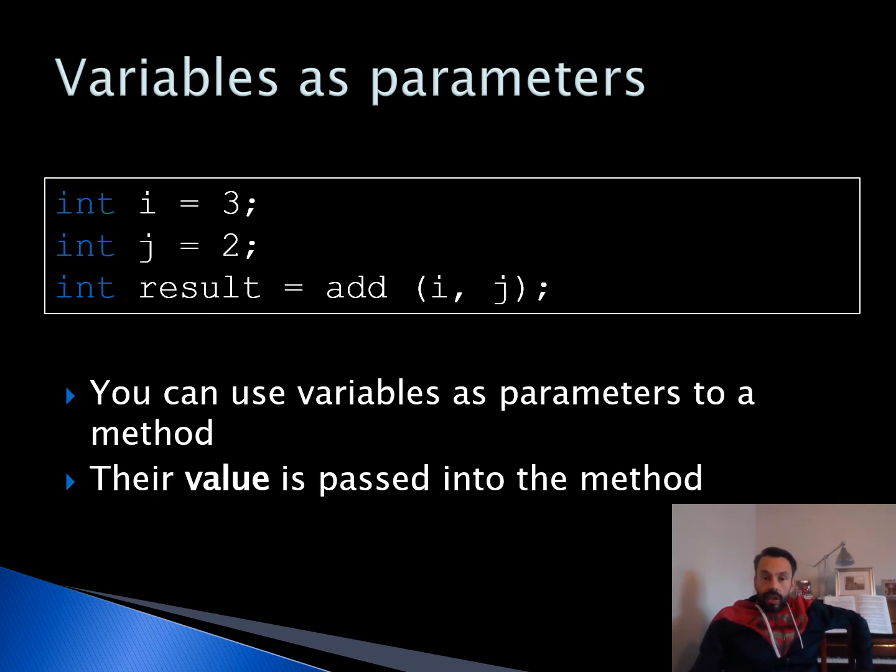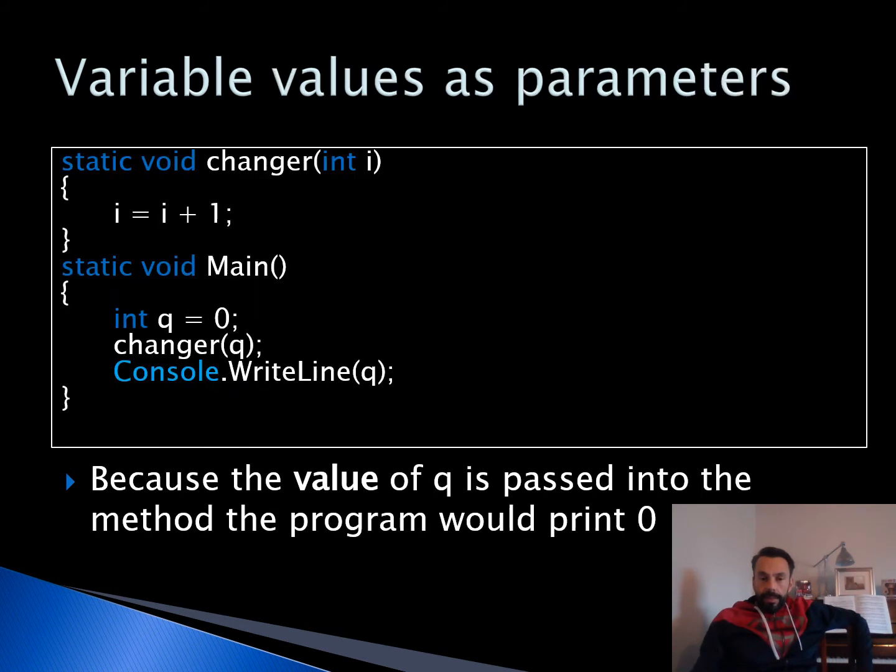So essentially i is 3, j is 2, and that would of course give you 5. Brilliant. And yeah, you're specifying the result and the type of the variable in that language. Good stuff.